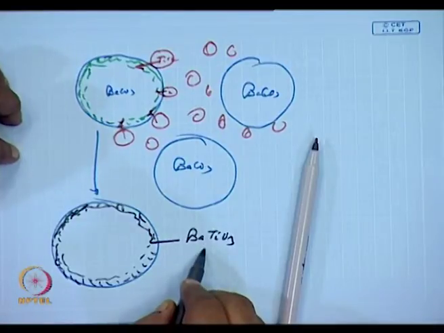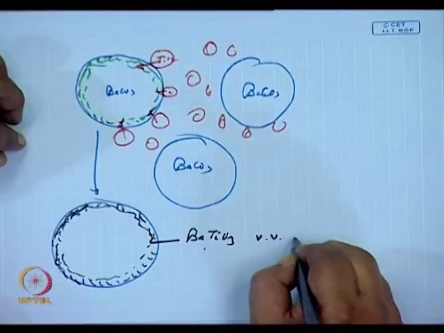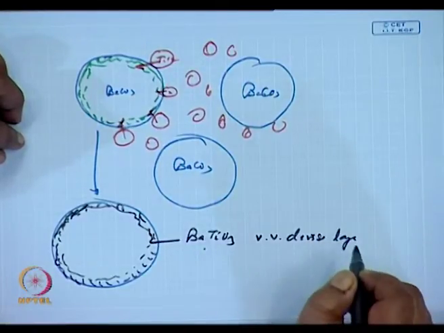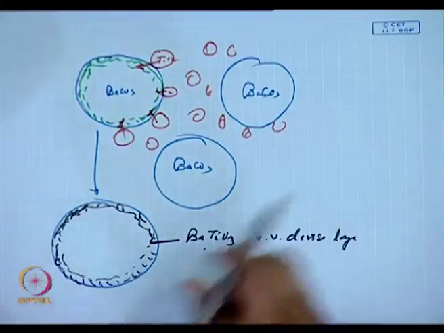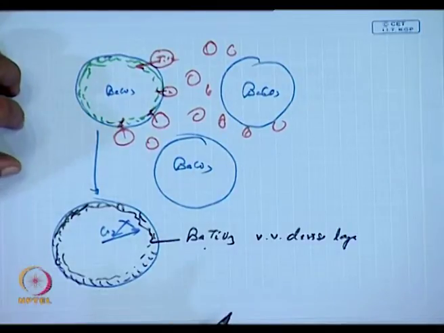This BaTiO3 is very, very dense. This is a very, very dense layer, and hence removal of carbon dioxide from inside is virtually stopped.